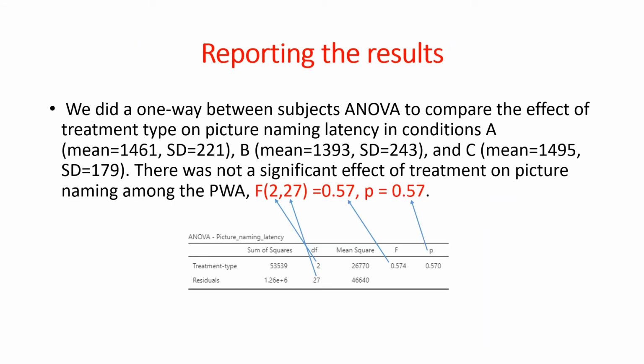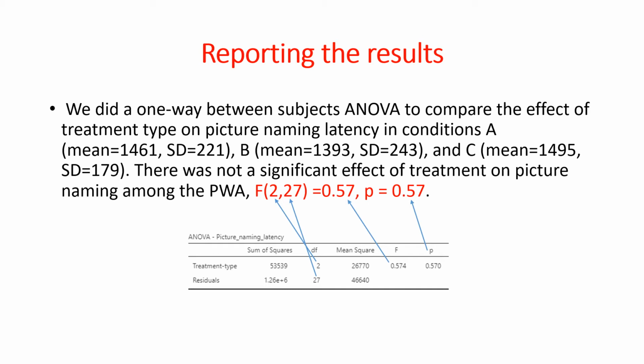Let's see how we report the results. So that's how we report the results. We have to start with some descriptive statistics for each level in the condition, which was the treatment type. We have three treatment types. We give the mean and a standard deviation for each treatment type, and then we basically say that there was not a significant effect of treatment on picture naming among the people with aphasia.